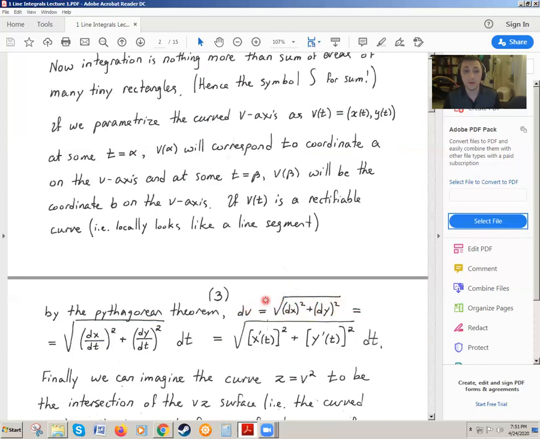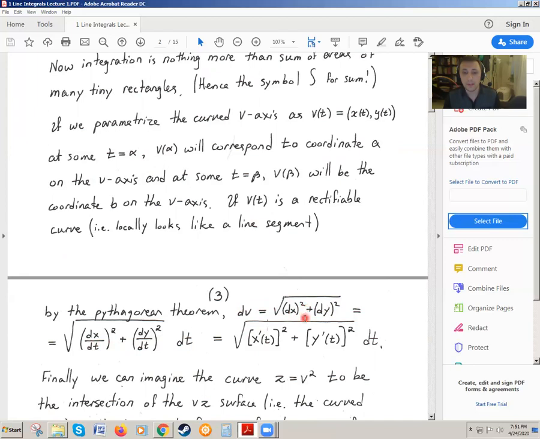Now, how do I understand what this is in terms of my parameterization? Well, very simply, I can divide dx by dt and multiply by dt. Divide dy by dt and multiply by dt, which afterwards I can just factor out of the root sign. So you see, there would be a dt on the bottoms.